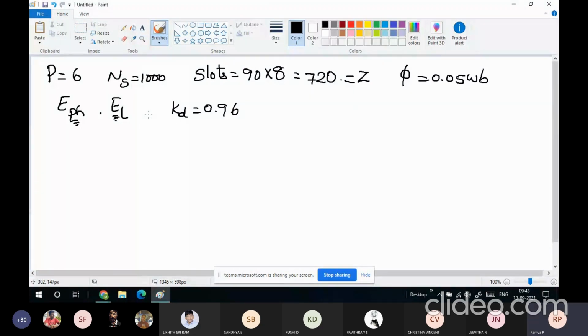After that I told it is sinusoidally distributed. Sinusoidally distributed means as you go on varying the input, the flux also will be varying sinusoidally. Suddenly it increases, it goes to peak, and it changes its direction. Whatever the principle of alternator that I have told you, it is moving accordingly. So just write down all the given data and try to calculate.